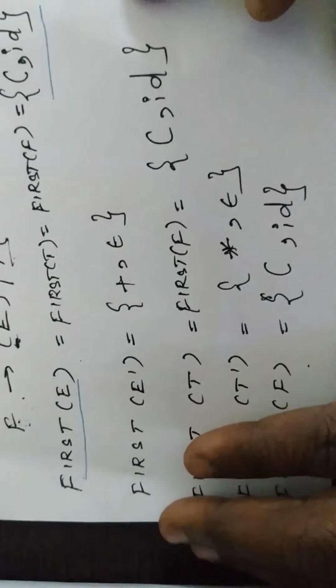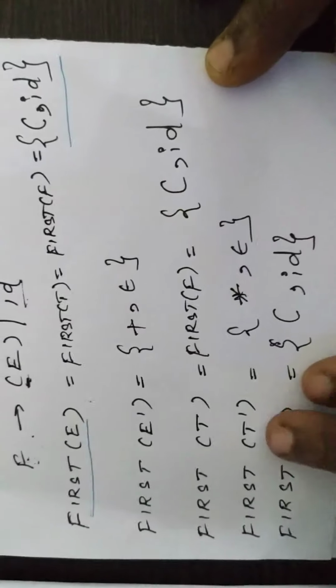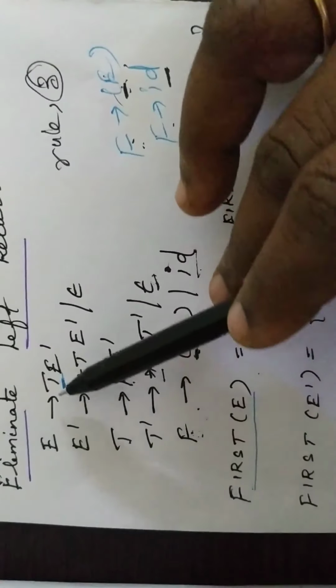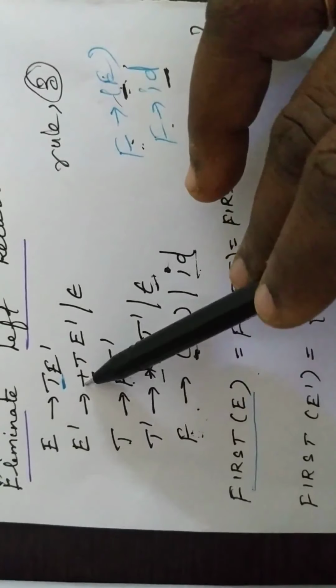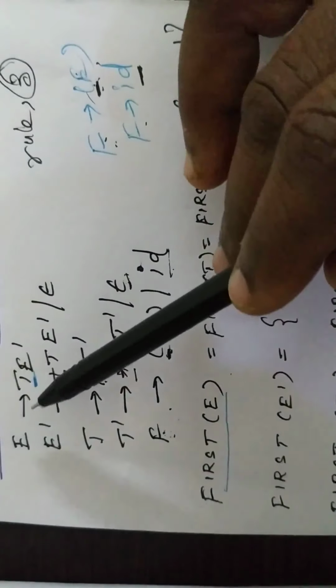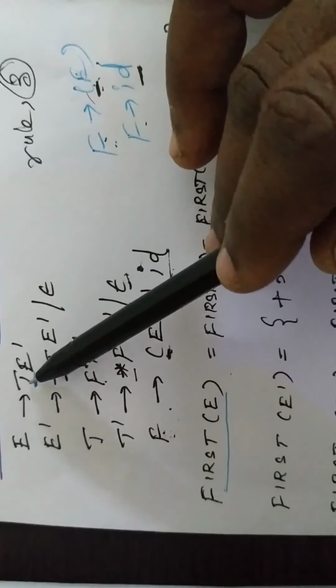So now we have the first of all the symbols, not production symbols. See, first of E is, see the grammar: E tends to T E dash, E dash tends to plus T E dash or epsilon, T tends to F T dash. The first of E is the first right hand side symbol, which is a non-terminal.